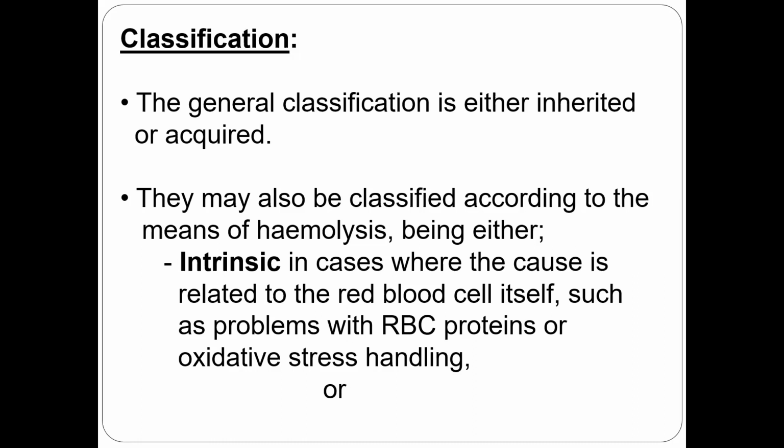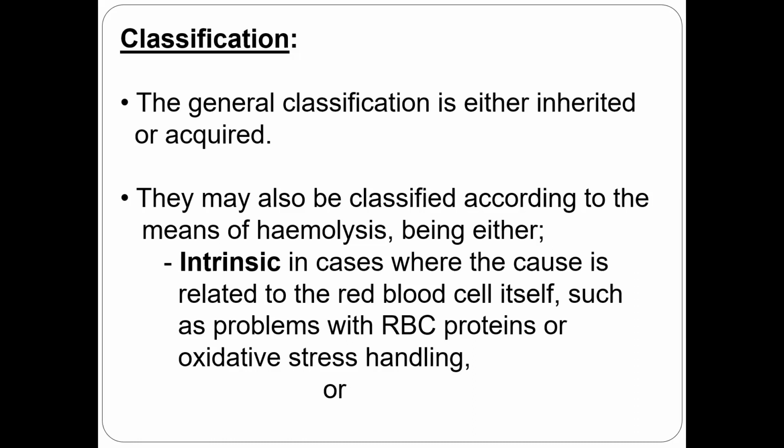However, if you didn't inherit anything, but due to exposure to certain environmental factors, like even infection, that is what is causing your cells to be hemolyzed, then that will be acquired hemolytic anemia.